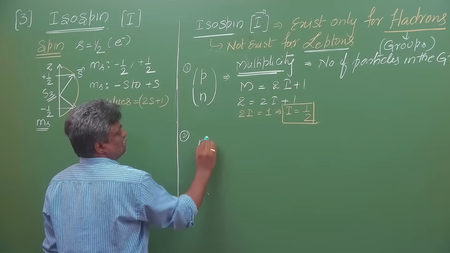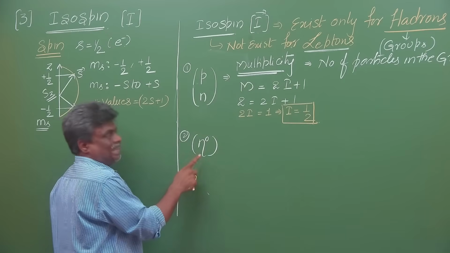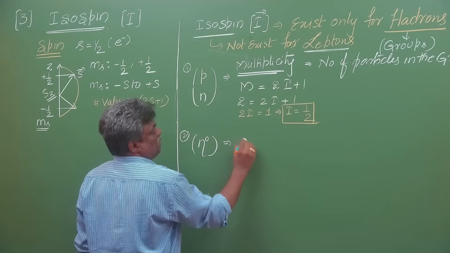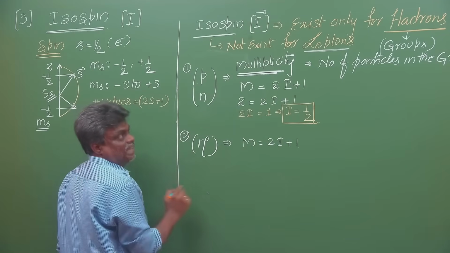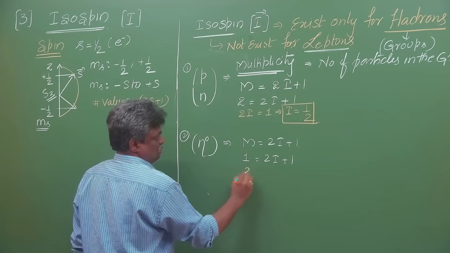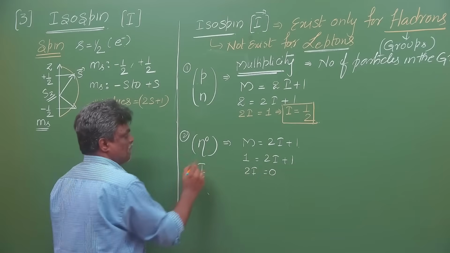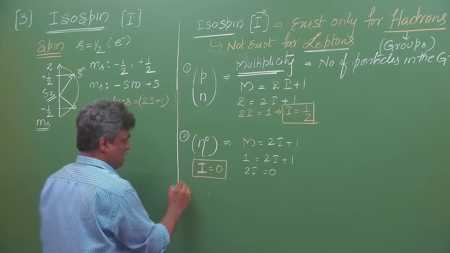Eta naught. Is eta naught a lepton, meson or baryon? Is it a hadron? Now, formula M equals 2I plus 1. How many are there? Then what is the isospin for eta naught? 0.